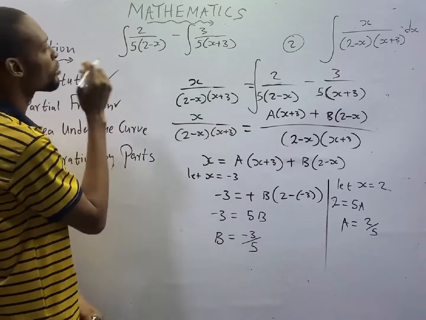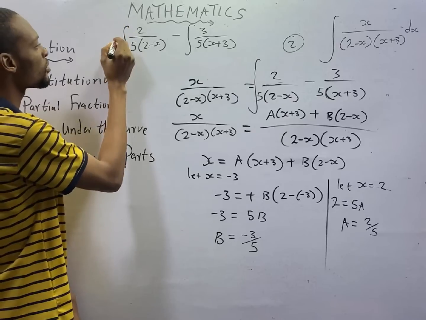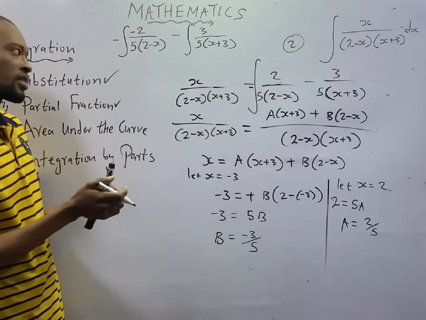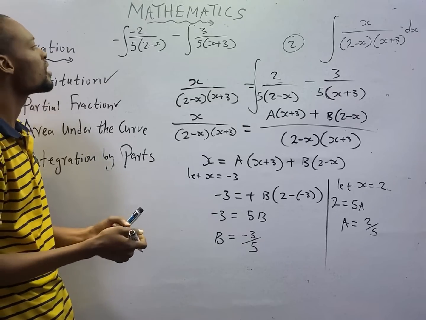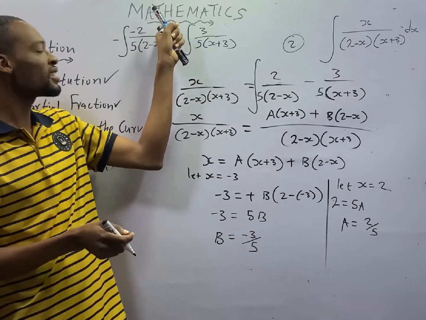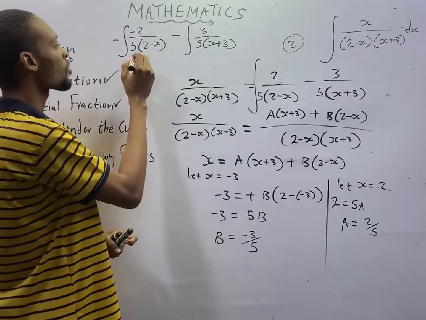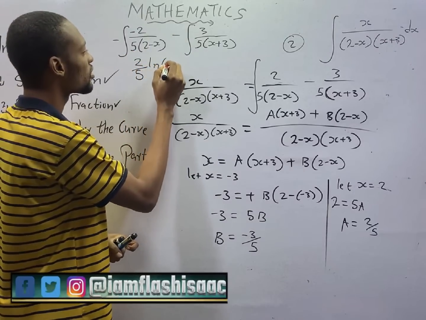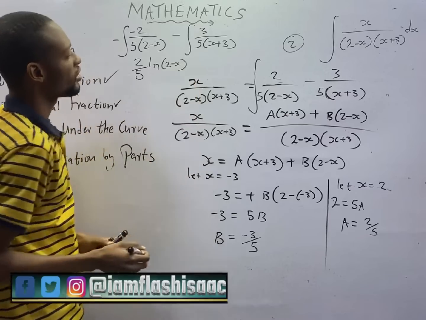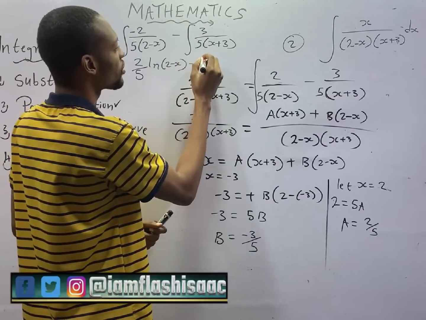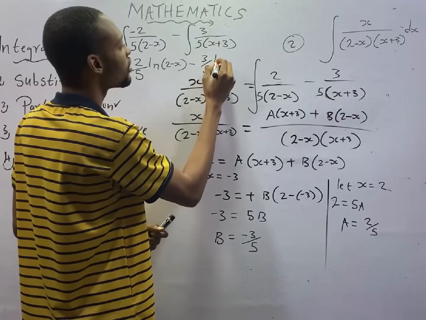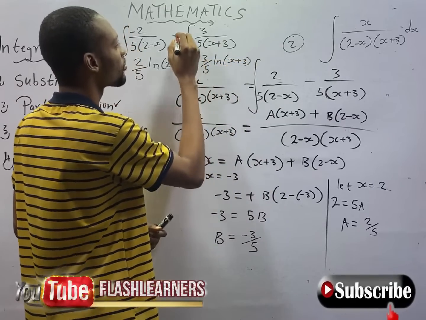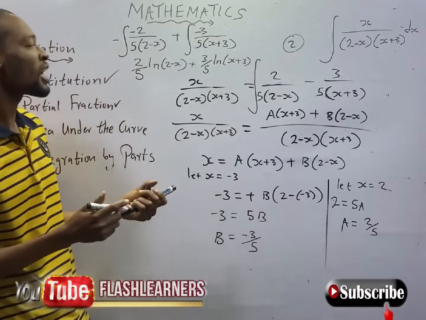Here, multiply by minus, put minus here and minus here, so that the minus and minus cancel. We are doing this so that when you integrate here, you will have 2 over 5 ln(2 minus s). Then here you have 3 over 5 ln(s plus 3). So this is your answer.